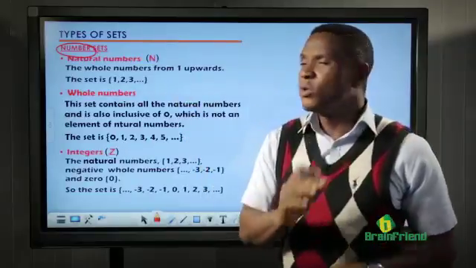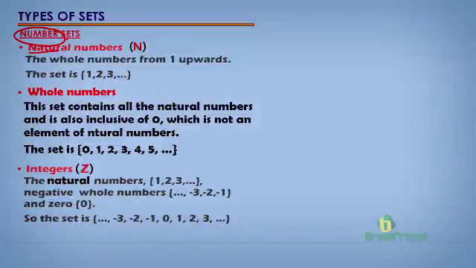One category is what we know as the natural numbers. It is written in boldface font as capital letter N. It is the whole numbers that range from 1 upwards. We also refer to our natural numbers as the counting numbers, that is, numbers that are useful in counting, beginning from 1, 2, 3, and above.